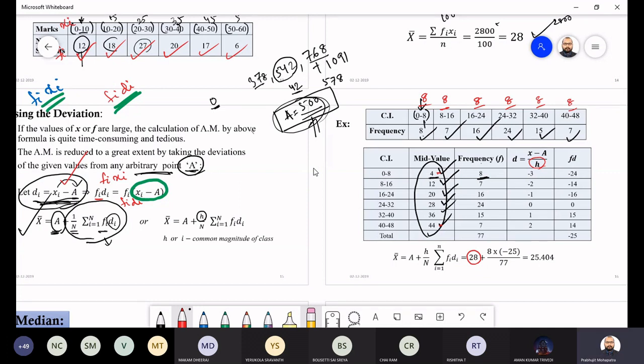The midpoint is 4 minus 28. This is your x, na? 4 minus 28, what is that? It is minus 24. It is minus 24 or not? Let me erase everything.